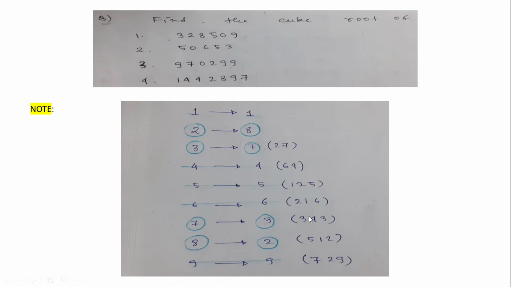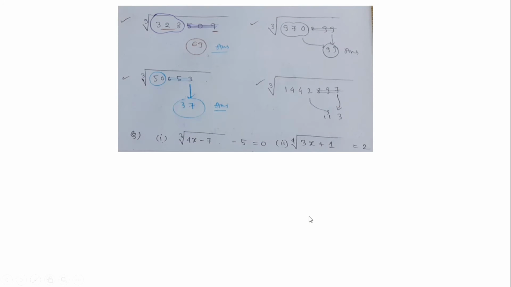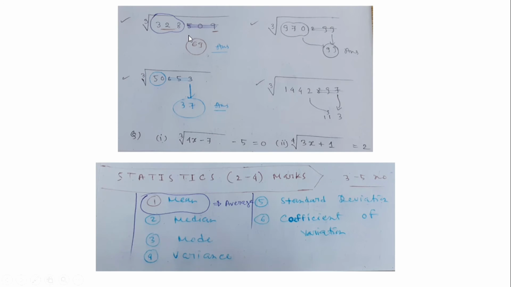Now we are going to the next slide where we are solving the question. Here we see that one number is there, and first of all we have to cut the last three digits, and then we will just see the last digit, and we will perform the cube.